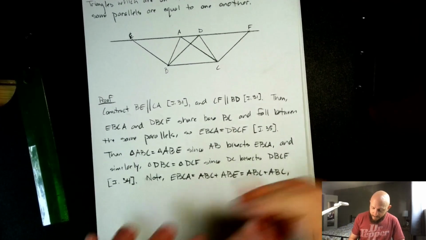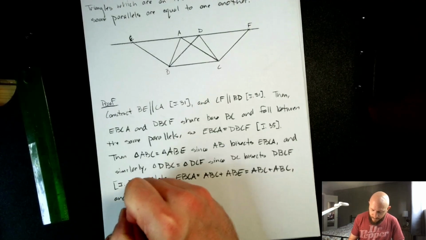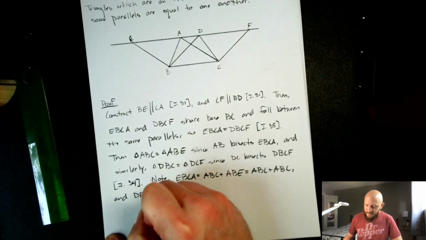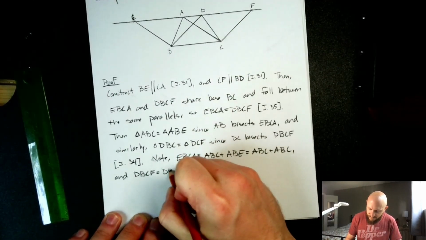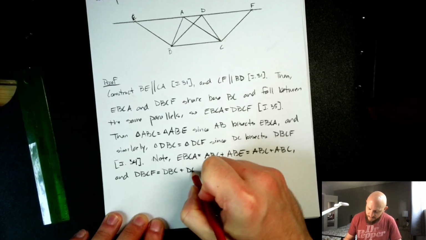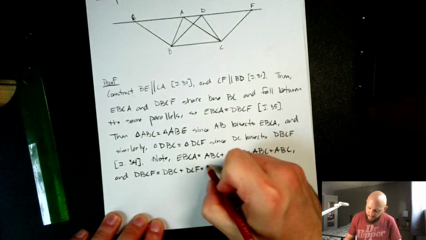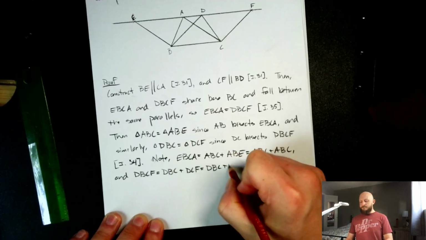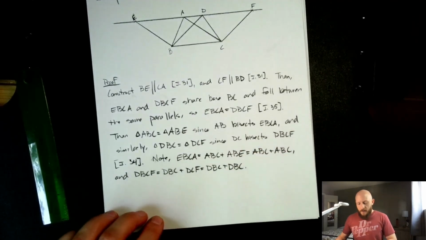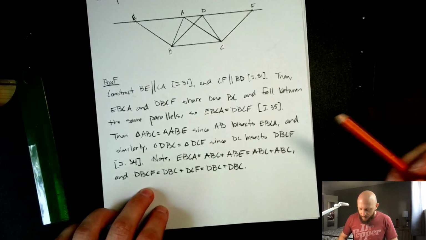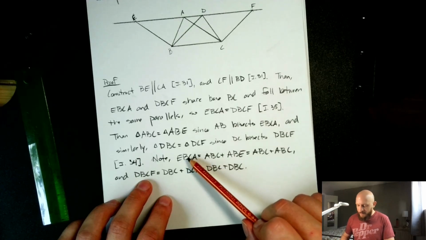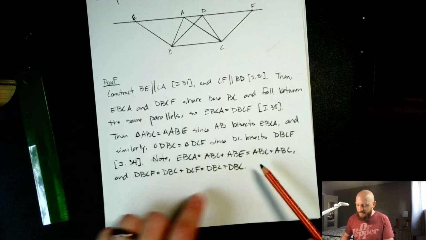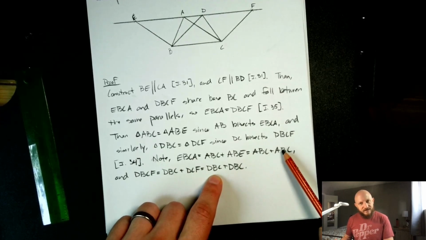And similarly, DBCF is equal to DBC plus DCF, which is really just DBC plus DBC. Okay, the video is starting to lag a little bit, but we know that EBCA is equal to DBCF, so it follows that ABC plus ABC equals DBC plus DBC.